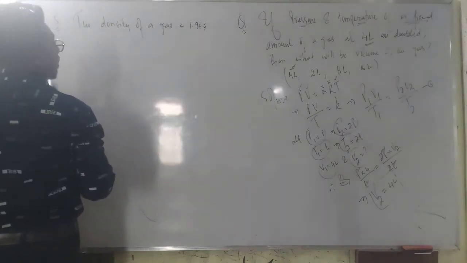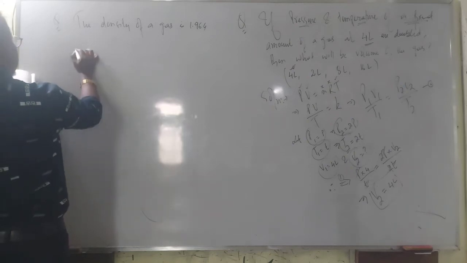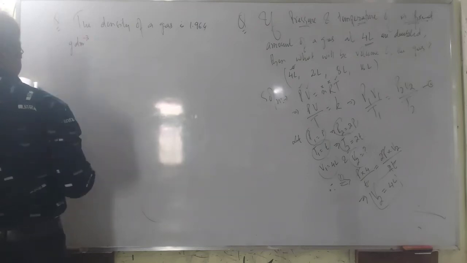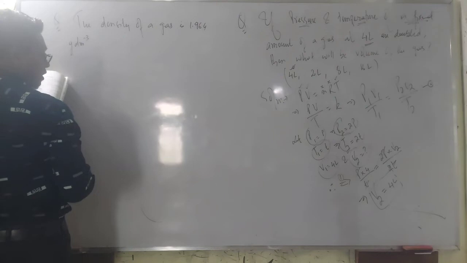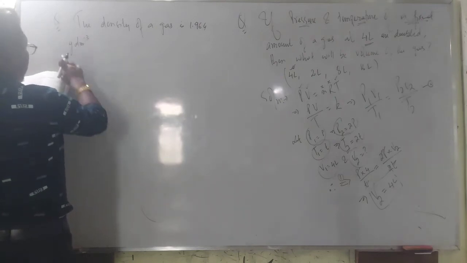Density of a gas is 1.964 gram per decimeter cube. Decimeter cube is nothing but liter, right? So per decimeter cube means per liter, gram per liter.